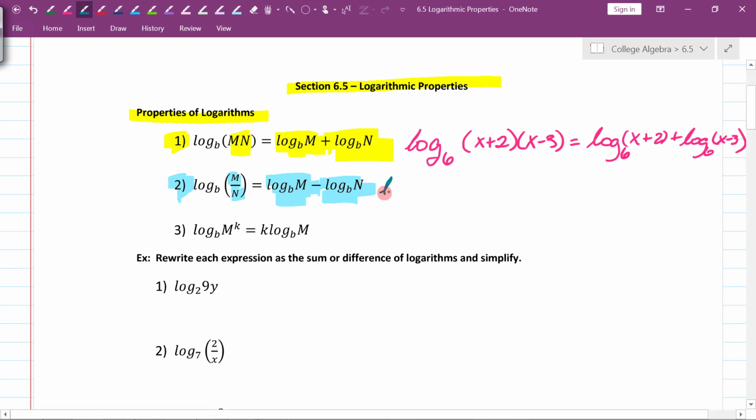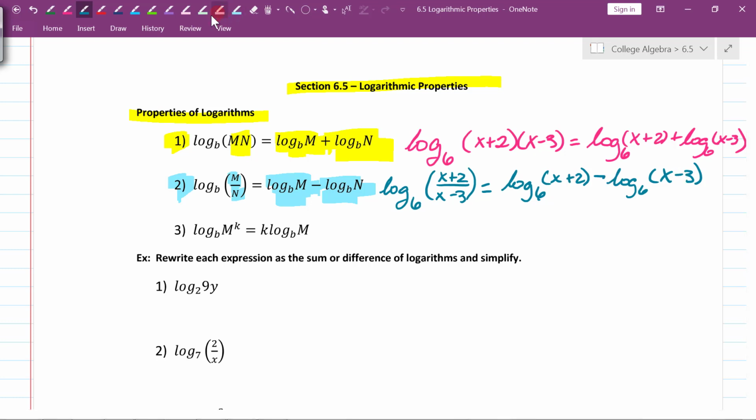So if I had log base 6 of (x plus 2) divided by (x minus 3), then I could rewrite this as log base 6 of (x plus 2) subtract log base 6 of (x minus 3). It's the numerator, subtract the denominator.